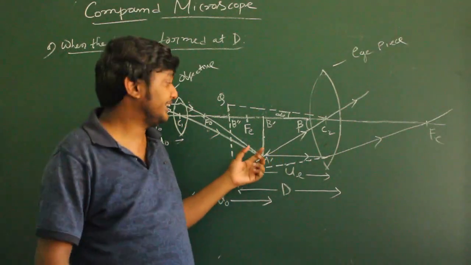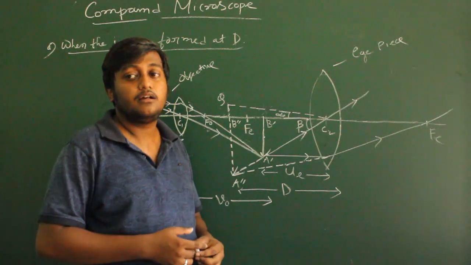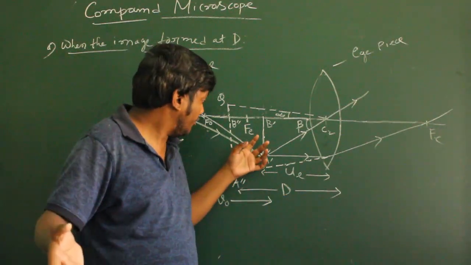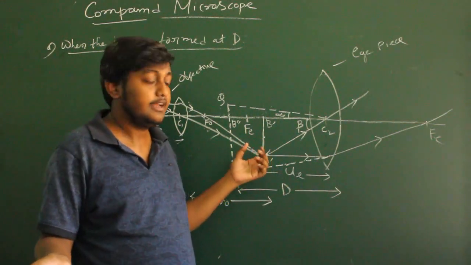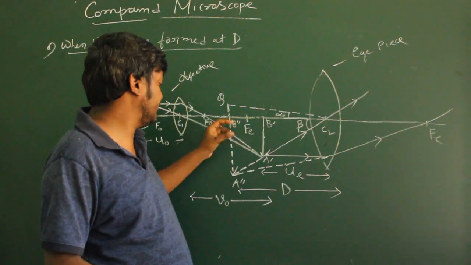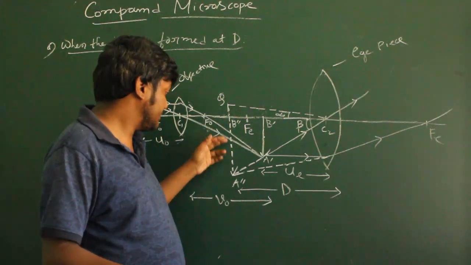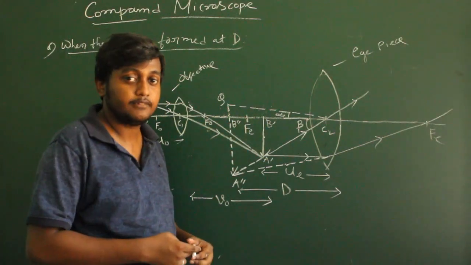Now, in the second case for the eyepiece lens, A'B' will act as the object, and for this object the image formed is A''B'', which is highly magnified.